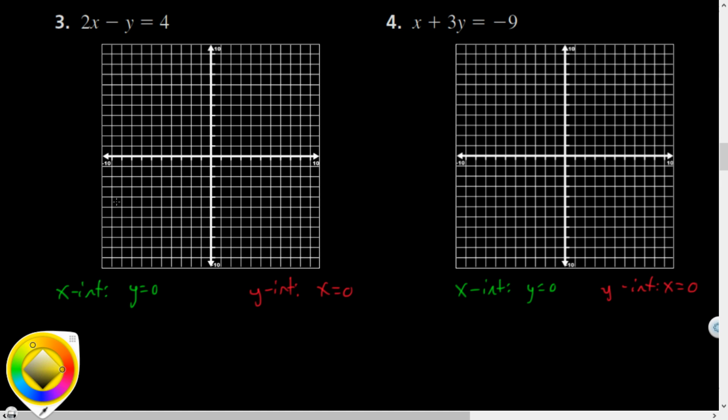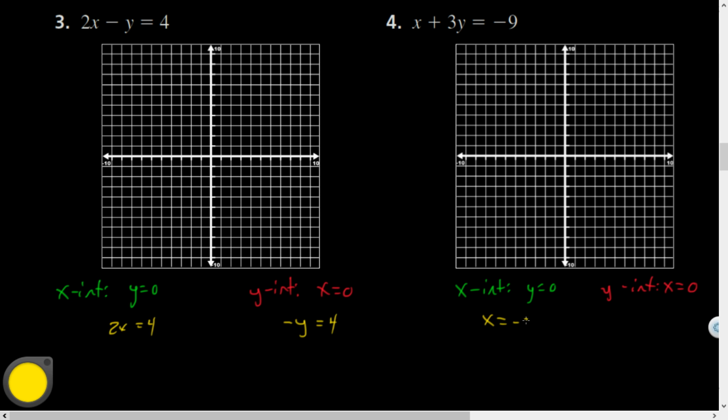So let's do both of these cases real quick. Plug in 0 for y, I'll get 2x equals 4. Plug in 0 for x, I'll end up with the opposite of y equals 4. Plug in 0 for y here, I'd get x equals -9. Plug in 0 for x over here, I'd get 3y equals -9. Notice how quick I can do that.